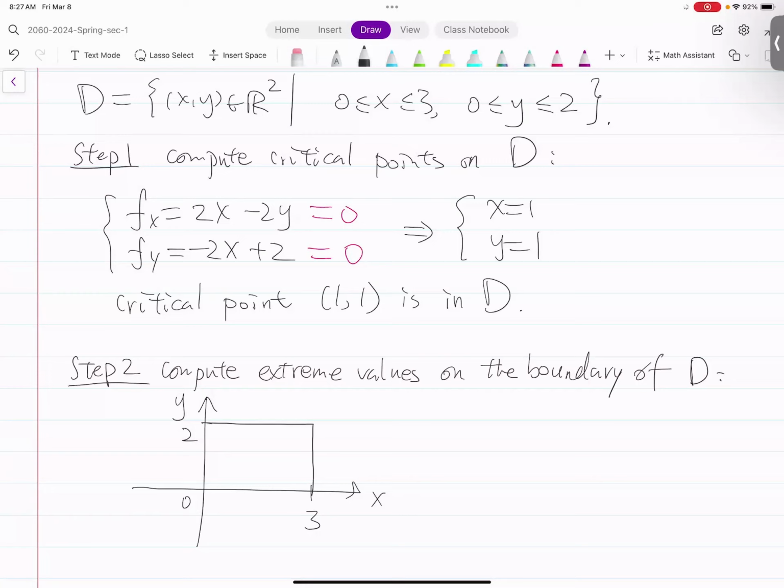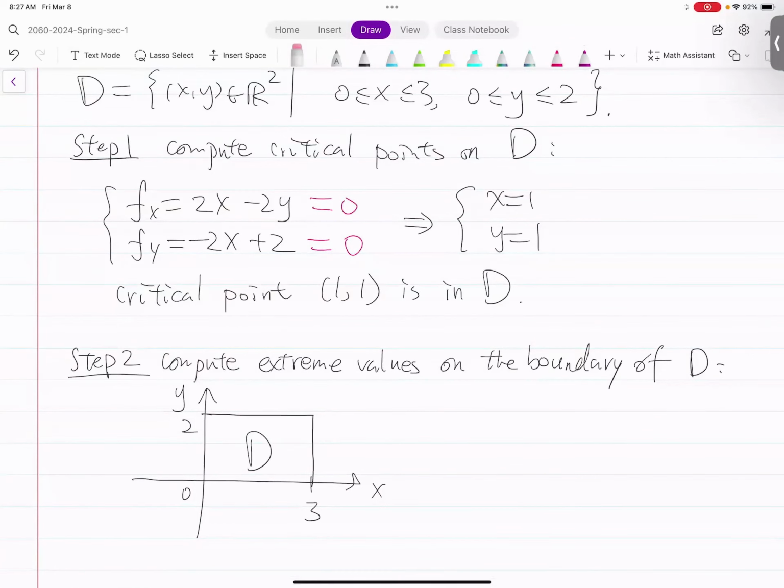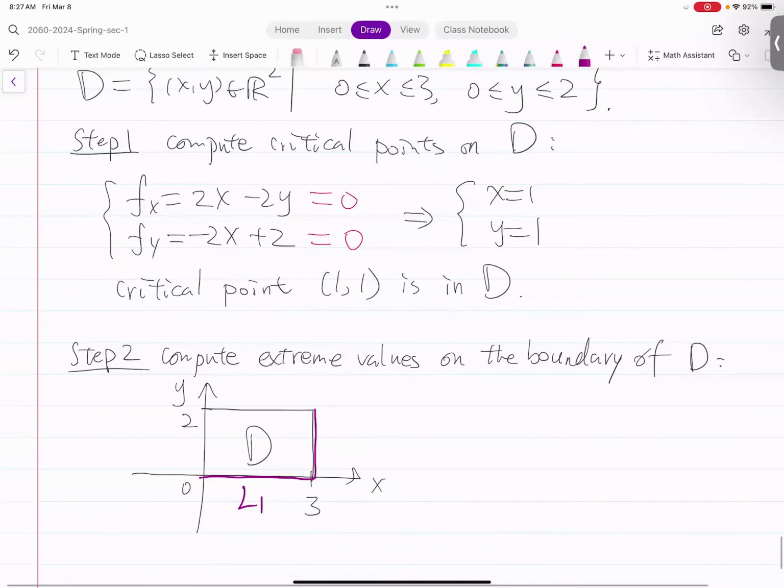And then, so this is D. And then what we do is we break the boundary up into 4 pieces. Basically, we have a bottom, which we call L1. And then vertically up, we have L2. And then at the top, we have L3. And finally, on the left-hand side, we have L4. Okay. So if we break it up into 4 pieces, then each piece is kind of simple because it's either a vertical or a horizontal line.